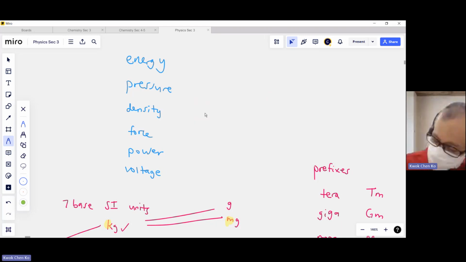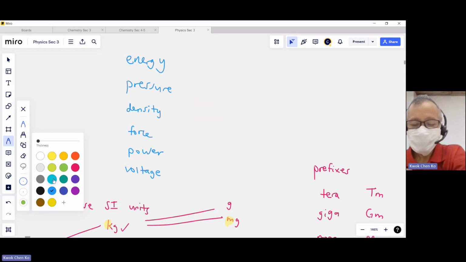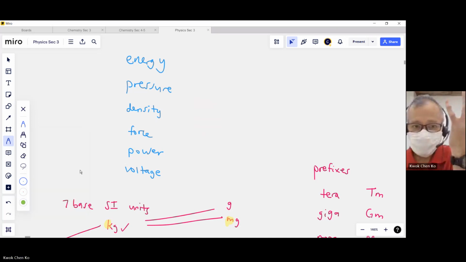I don't think I want to write more than that. There are, of course, many other relevant ones. These are all quantities too, though they are not base quantities. They also have their SI units.